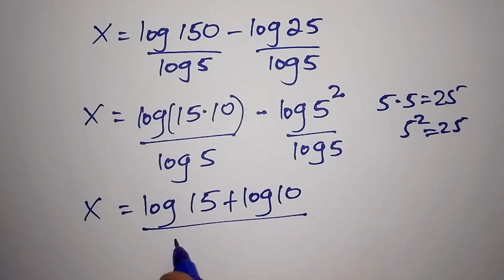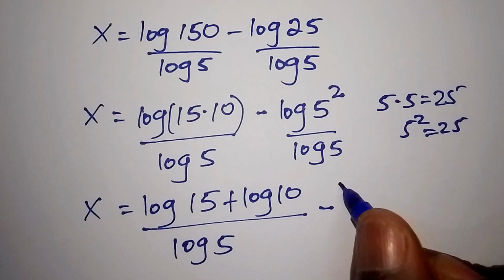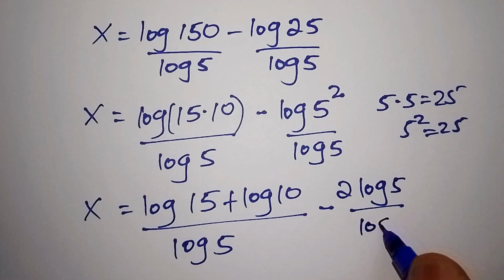All over the log of 5, and also this other part over the log of 5. So the value of x is the log of 15 plus the log of 10, all over the log of 5, minus the log of 5 to the power of 2, which can be written as 2 log 5, all over the log of 5.